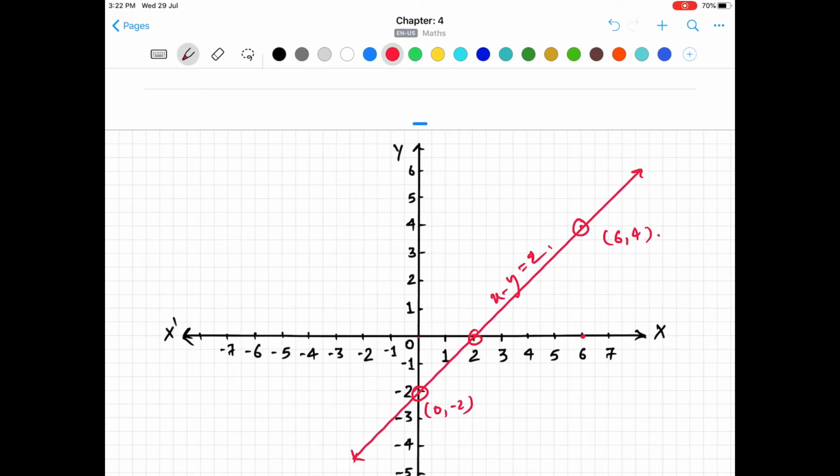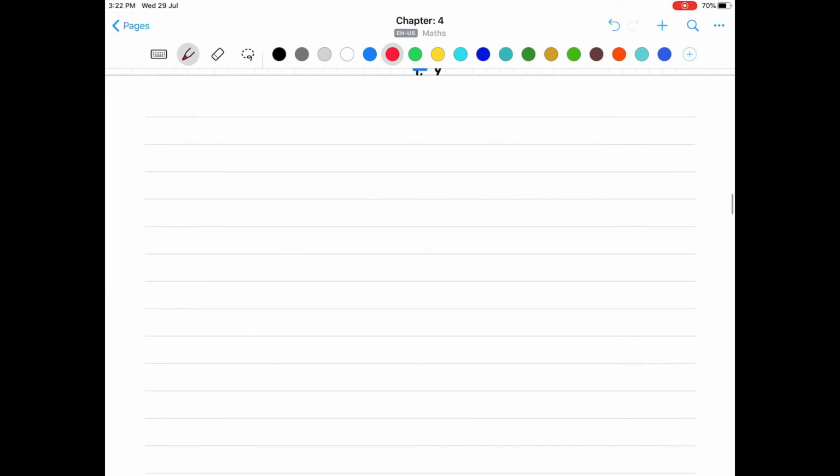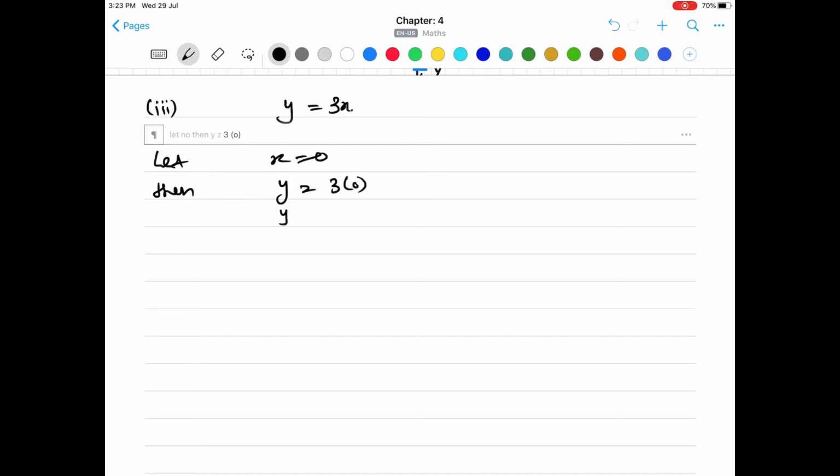I hope it's clear now. Now moving to the next part, we have part number 3 of question number 1. It says y equals to 3x. Let x equal to 0, then y will be equals to 3 into 0, or y will be equals to 0.